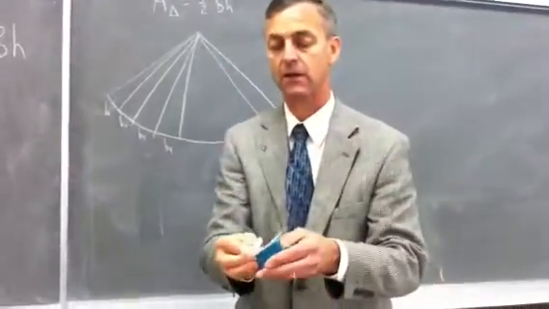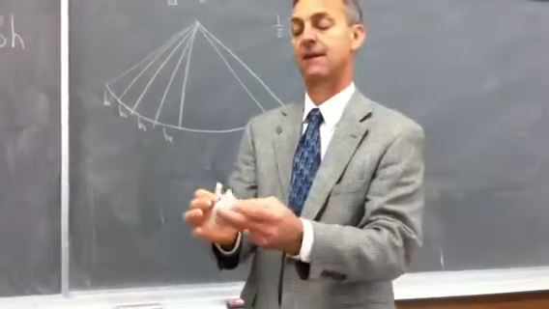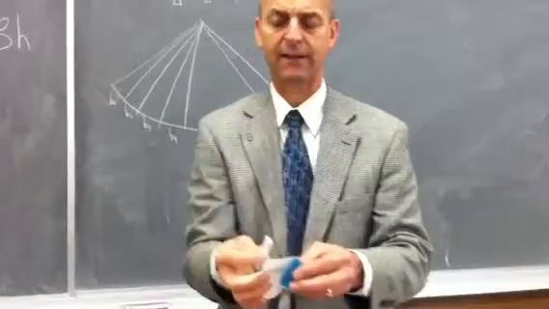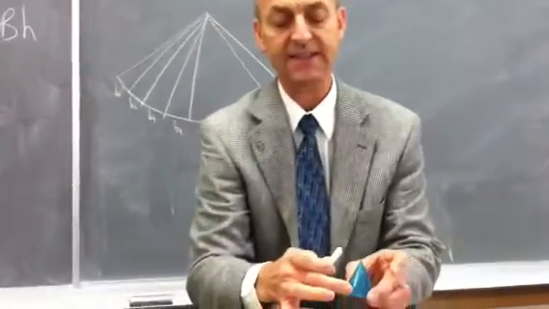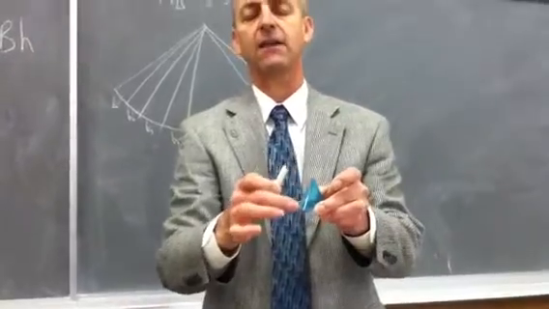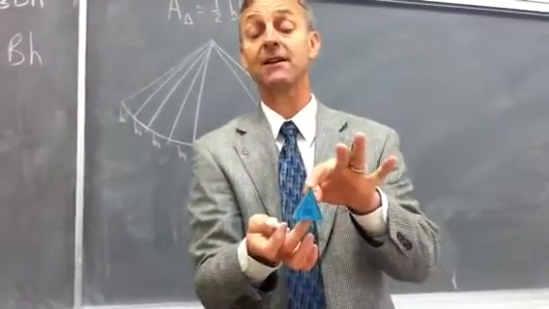Notice that this right here, as we unfold it, is really this distance here. Now, some people might call that the height of the cone, but the height actually goes from the center to the tip.